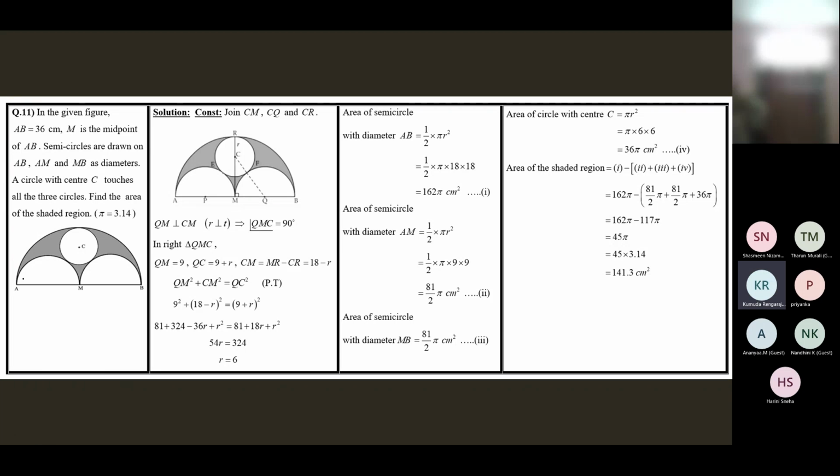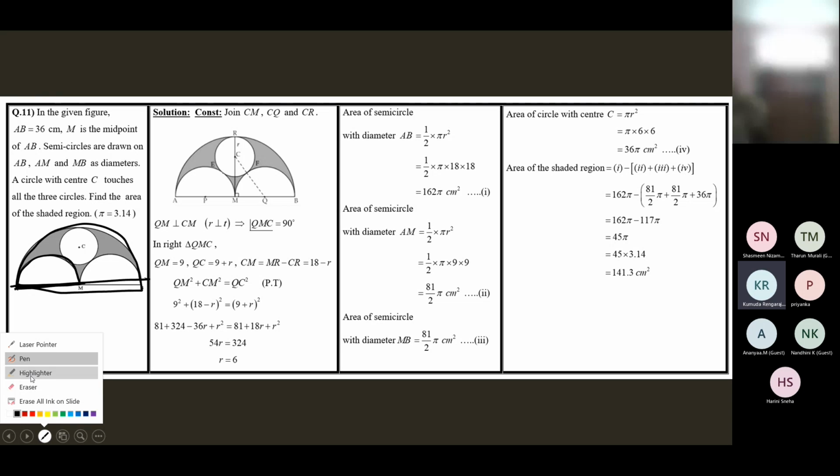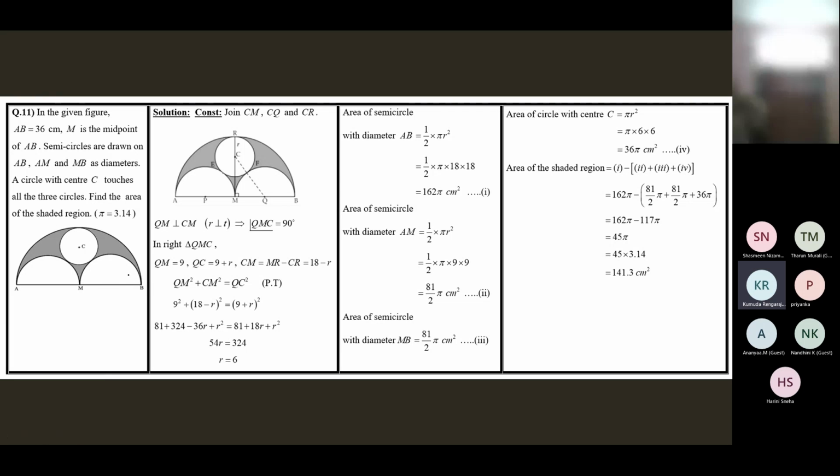So we need to know the radius of each semicircle. The radius of the outer semicircle is given to us, 18 centimeters. The radius of the small semicircles we also know, because the whole thing is 36, so half of this is 18, and half of that will be 9.